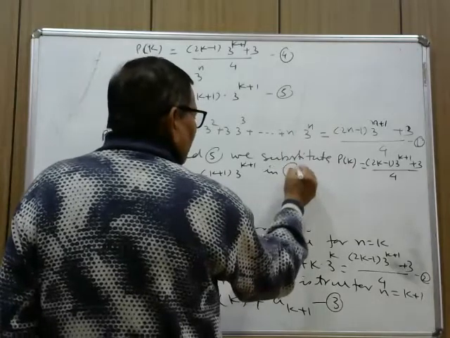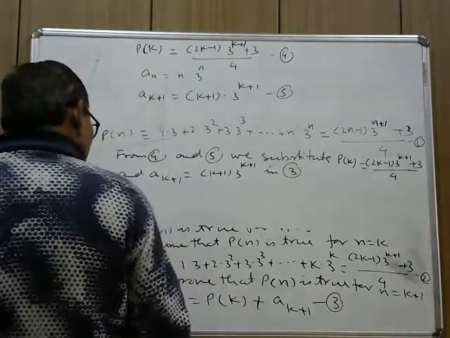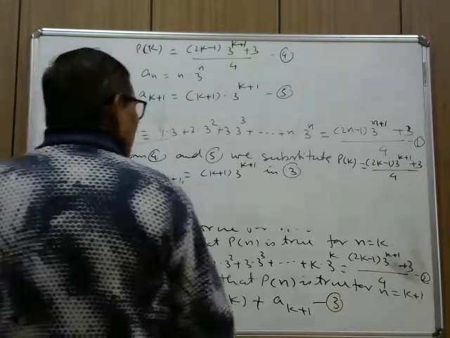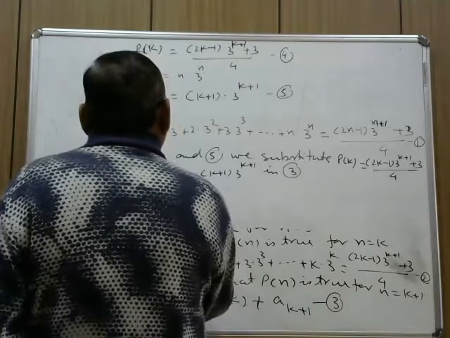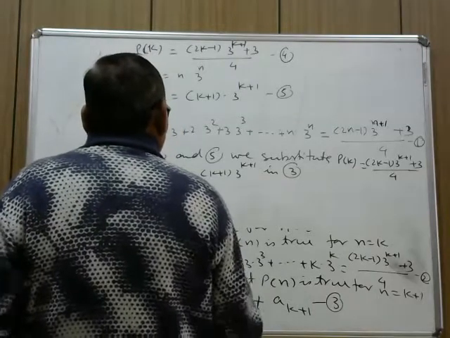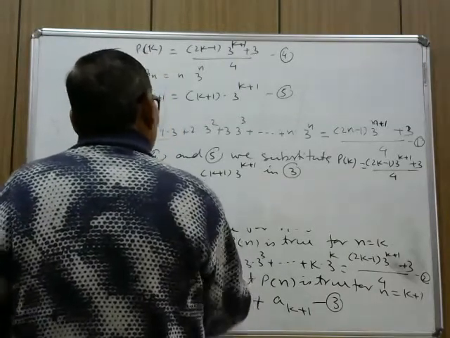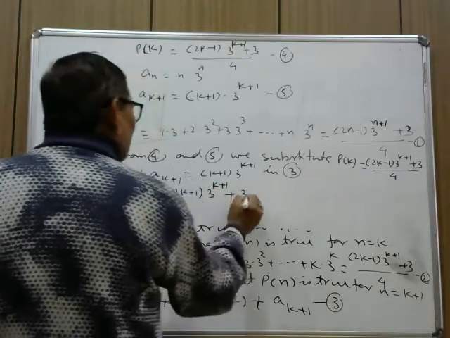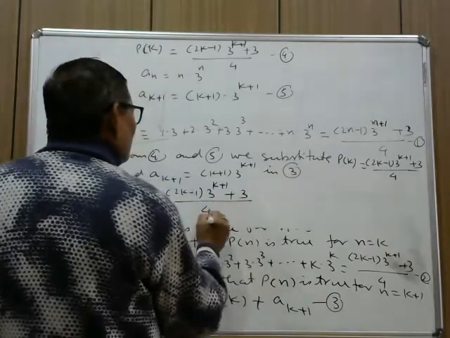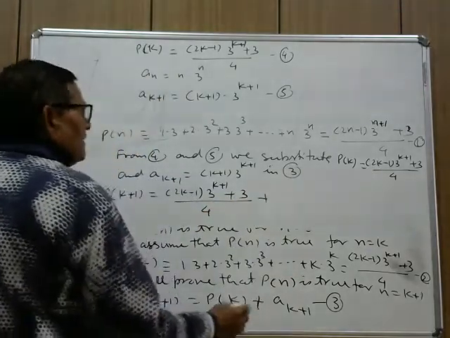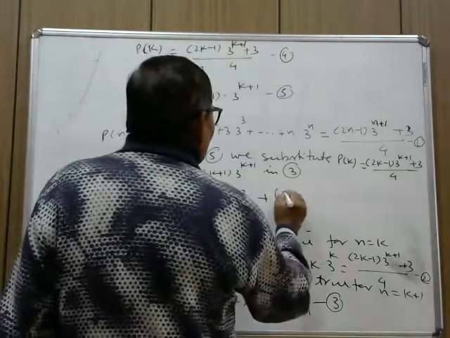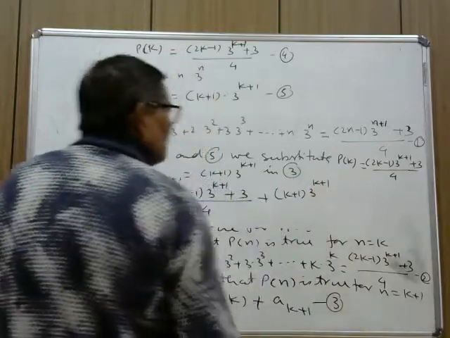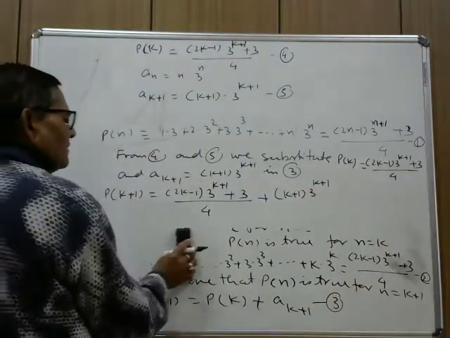So you can write P of k plus 1 equal to Pk, which is (2k minus 1) into 3 to the power k plus 1 plus 3 by 4, plus a of k plus 1, which is (k plus 1) into 3 to the power k plus 1. Again you simplify this term carefully.